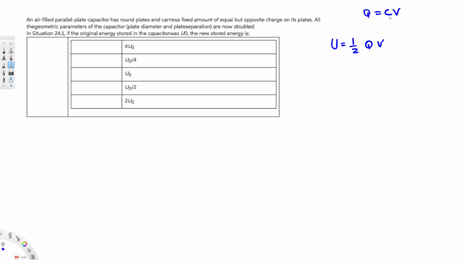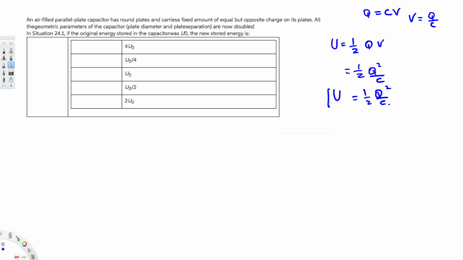So I can rearrange and put V in terms of C: V is equal to Q over C. If I plug Q over C instead of V, that's going to give us half Q squared over C. So that's going to be the new equation.